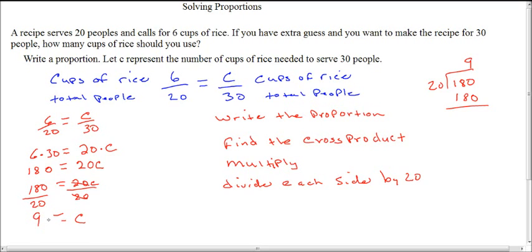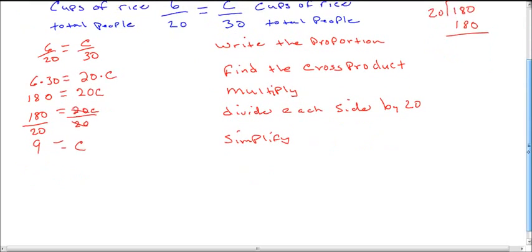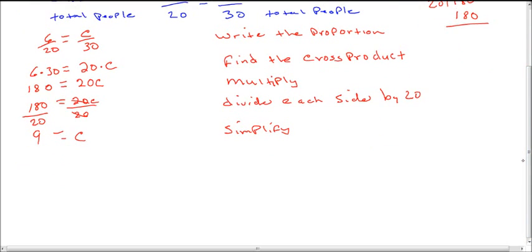That's simply called simplifying. So we see that our answer should say that it takes 9 cups of rice to make the recipe.